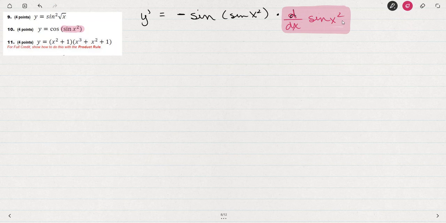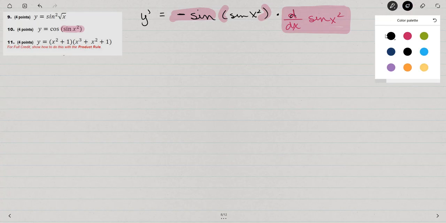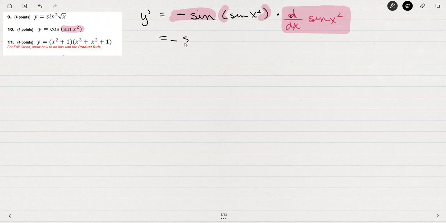So we have the derivative of cosine is the opposite of sine of this thing that's inside. And then we're going to multiply times the derivative of the thing that's inside. So we have the opposite of sine x squared times the derivative of sine, which is cosine, so cosine of x squared.